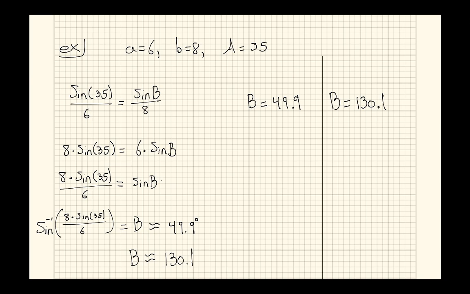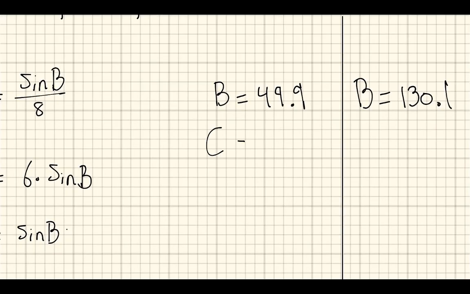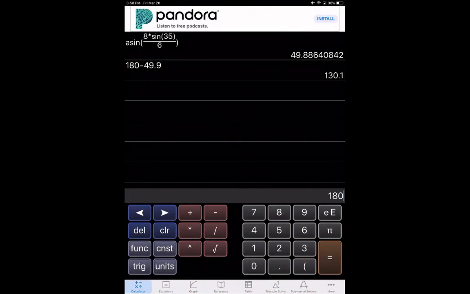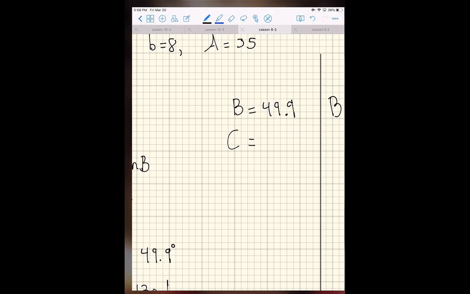So if B is 49.9, let's go ahead and solve for angle C. If B is 49.9, that means if we take 180 and subtract 35, subtract 49.9, I get 95.1.